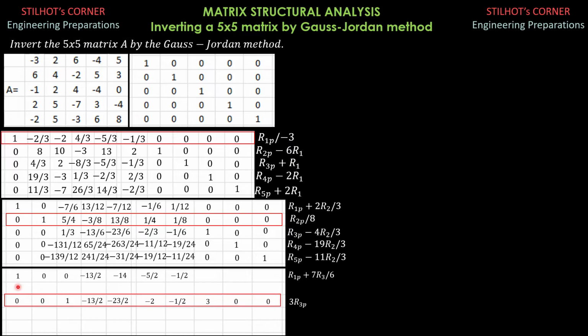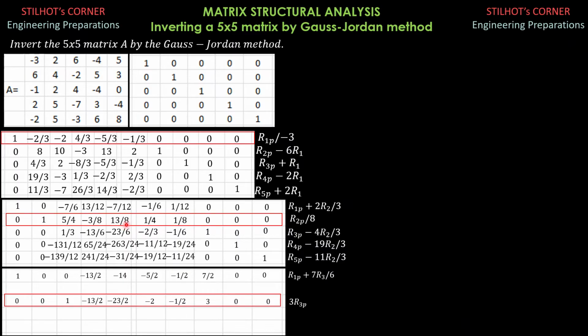So that this is still 0, 1, 0. Negative 3/8 minus 5 fourths of negative 13 halves is 13 over 8.